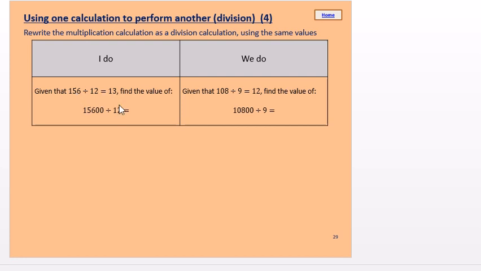The 12 is exactly the same. So because the number we are dividing is 1,000 times bigger than in the first calculation, our answer will be 1,000 times bigger too. So 13 times 1,000 makes 13,000. Please pause the video here for a couple of minutes and try the we do yourselves.